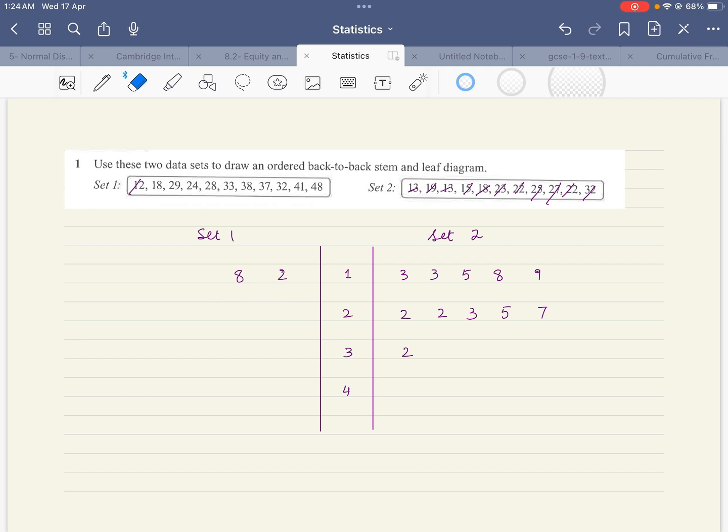This is 12 and this is 18. Okay. Then we have 24, 28 and 29. 33, 37, 38 and then 41, 48. This is combined stem and leaf diagram.